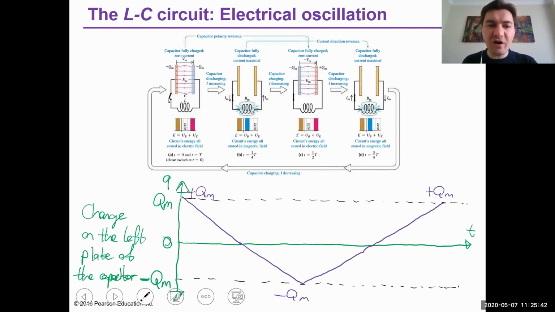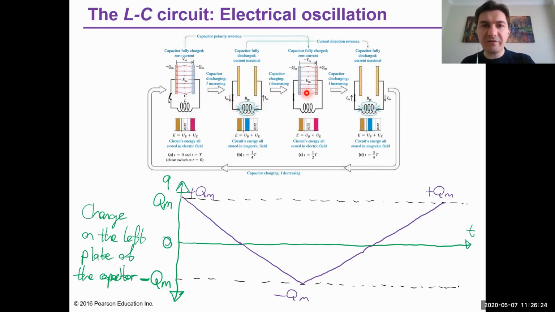So look at the charge on the left plate of the capacitor. At the beginning, the capacitor is fully charged, and then we have maximum charge when the time is 0. When we close the switch, we have current in the circuit, and the charge on the plate decreases. The charge on the capacitor goes to 0, okay? And then we start to refill the capacitor in the opposite direction.